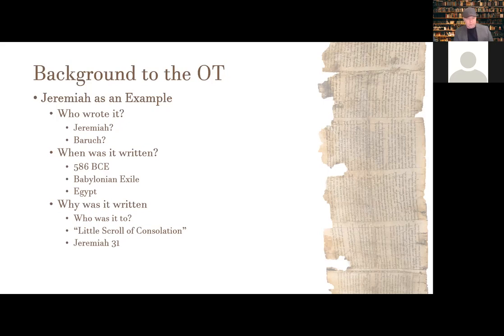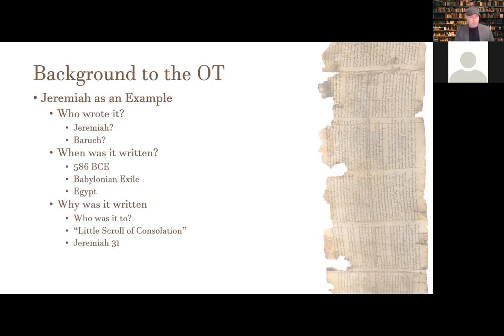When we look at Jeremiah 31, because that is such a focal point in Jeremiah for the people today, we have to ask the same questions. When we read Jeremiah 31 and the promise of the new covenant, we have to understand that it was first written to the people in exile.